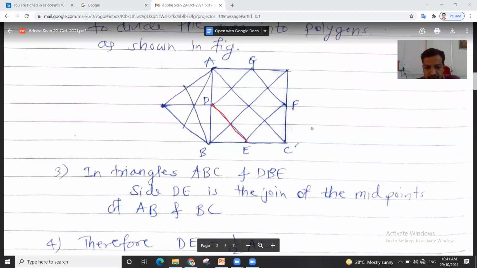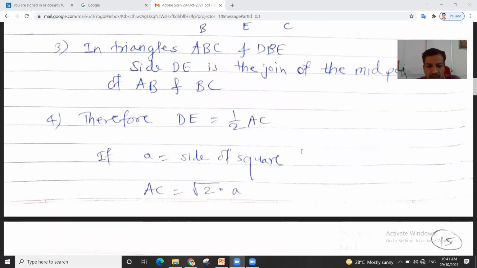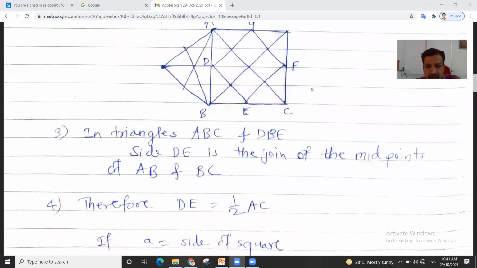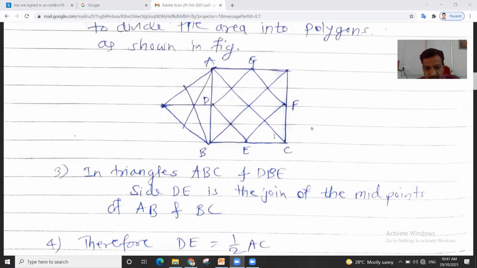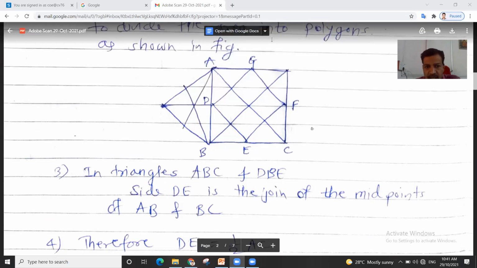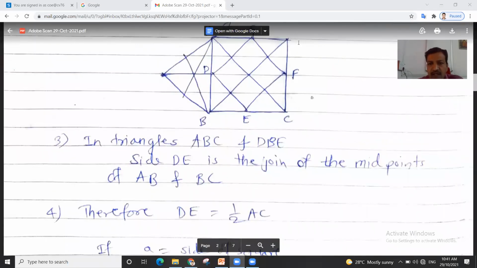Then DE is equal to 1 by 2 AC, it is half of AC. Both are right angle triangles.